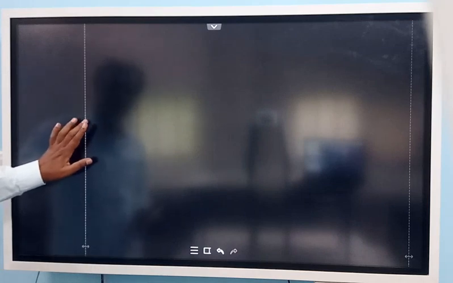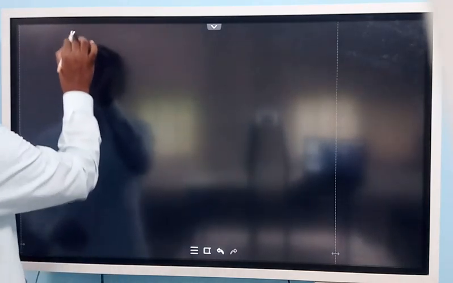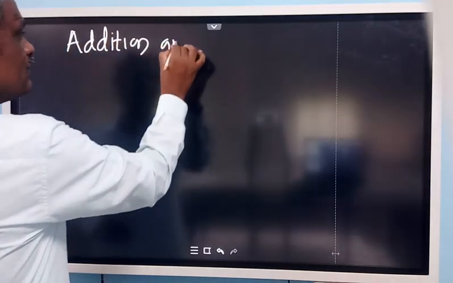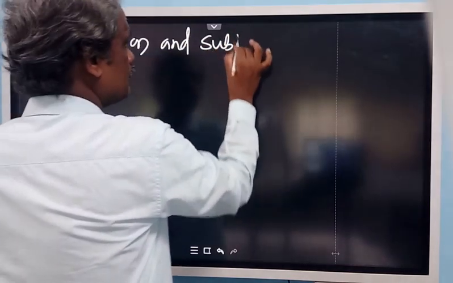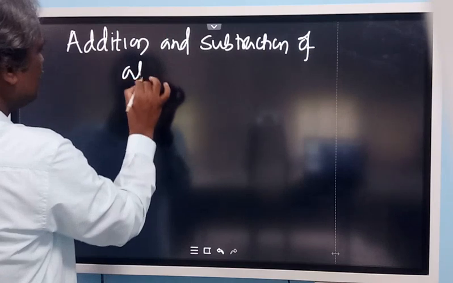So addition and subtraction of algebraic expressions. Let us go to addition and subtraction of algebraic expressions.